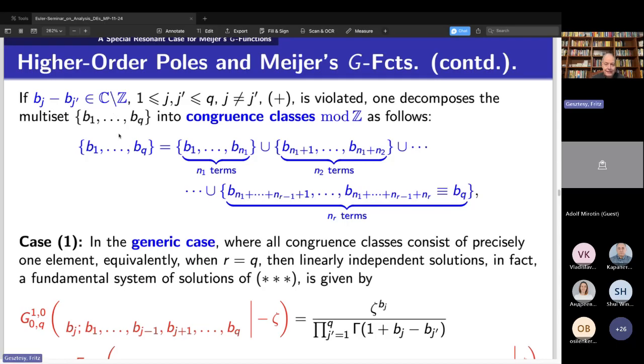So between these congruence classes, you have the old condition that you do not have integers, but for these objects you allow that their difference now are integers. So let's first very quickly go back to the generic case. In this case, all these congruence classes consist of only one element. So this is when R equals Q.